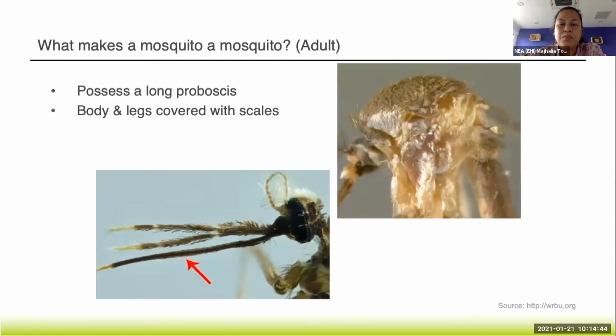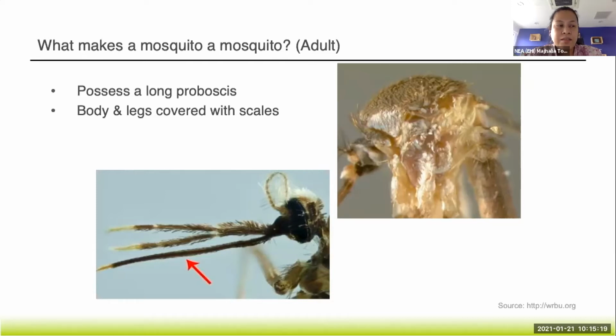Now, we are currently trying to differentiate mosquitoes from other insects, so these are the characteristics that will differentiate them. For most insects, it should be a combination of these characteristics. It cannot be that you see an insect that has a proboscis and it will already be a mosquito. No, it has to be combined with other characteristics such as these, which is the body and legs covered in scales along with a long proboscis.